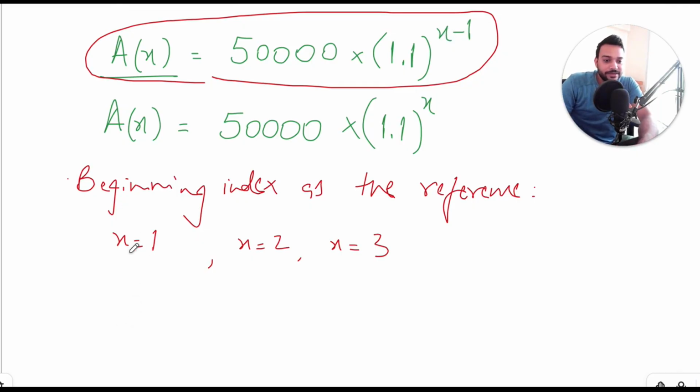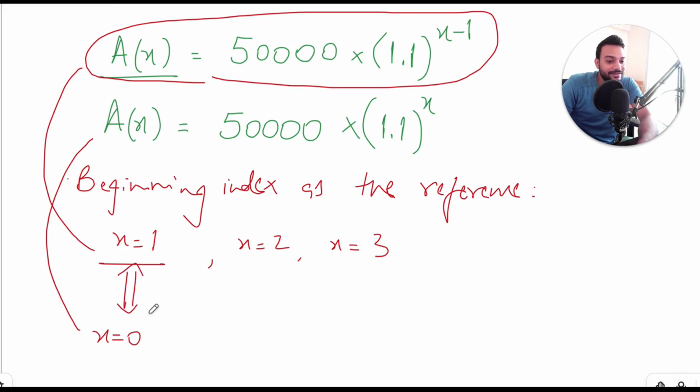So the value I'm getting at X equal to 1 for the first expression is the same value I'm getting at X equal to 0 for the second expression. As you can see, these would be equal. Why? Because for the second expression, 50,000 times 1.1 raised to X, the reference is the ending. So end of first year, X is equal to 1.